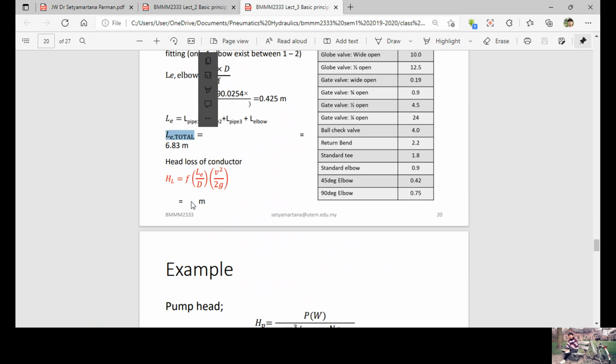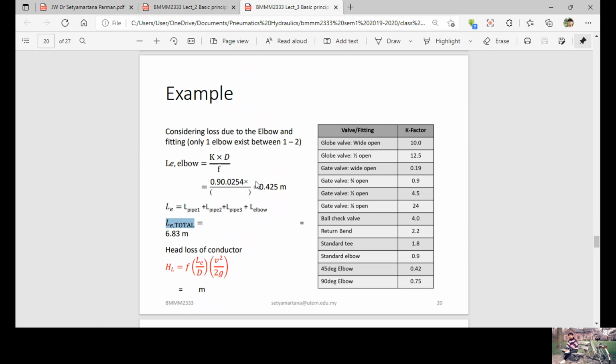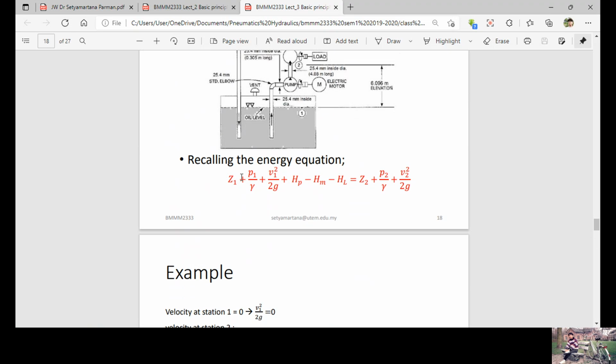So we can calculate. Until now, we have calculated SL, and we have calculated the head energy due to kinetic energy or velocity.